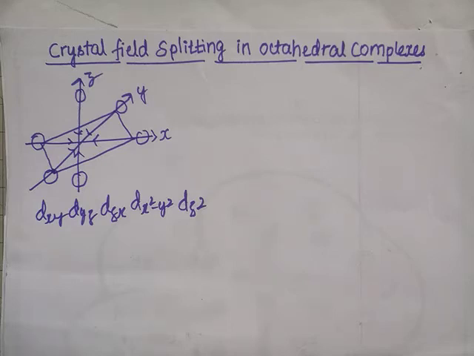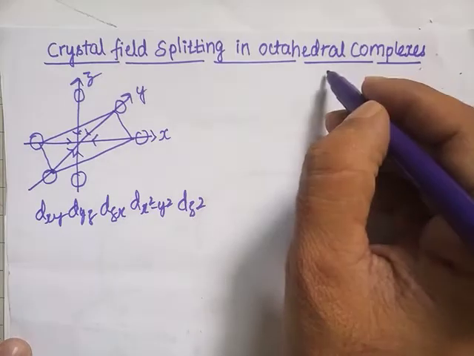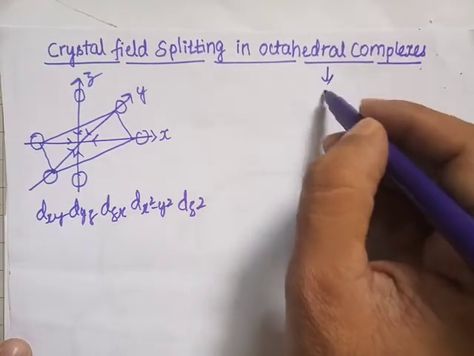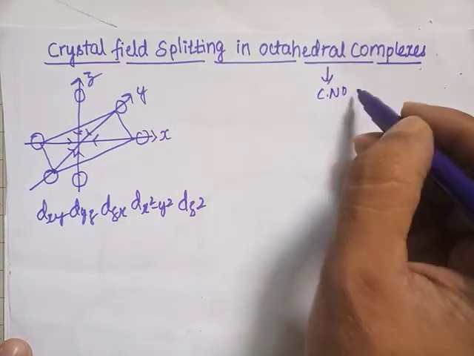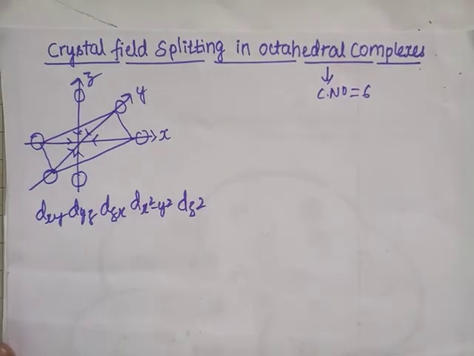Hello dear students. Based on the crystal field theory, let us discuss the crystal field splitting in octahedral complexes. In an octahedral complex, the coordination number is 6.